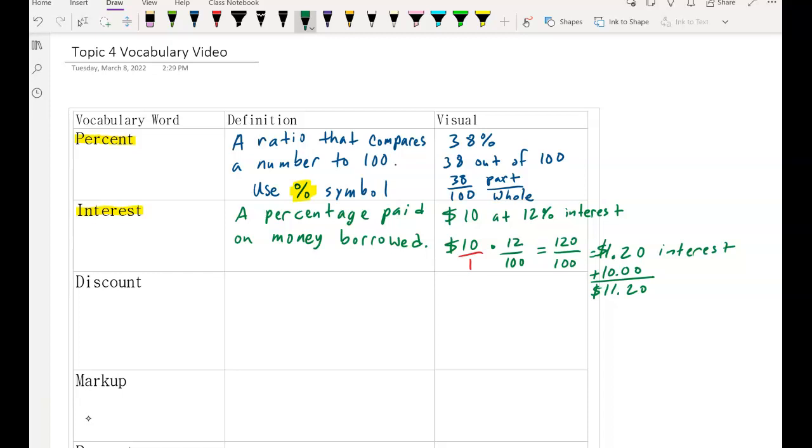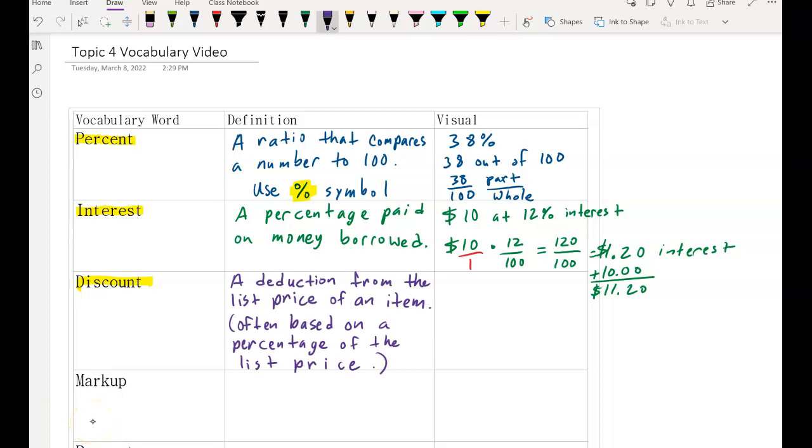So that moves us on to discount. What is a discount? A discount is a deduction from the list price of an item. And the list price, that's like the original price, the price that they are trying to sell it for originally. And it is often based on a percentage of the list price.